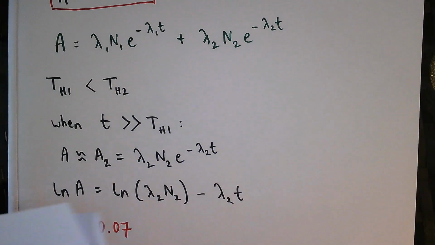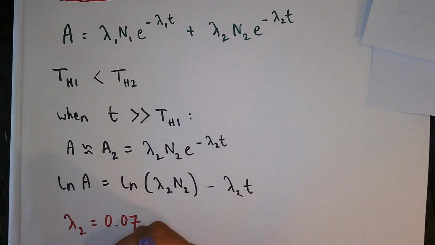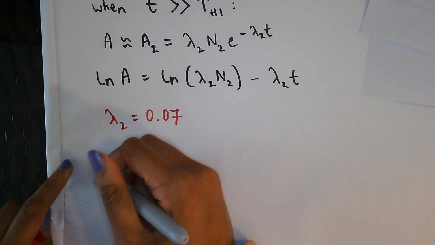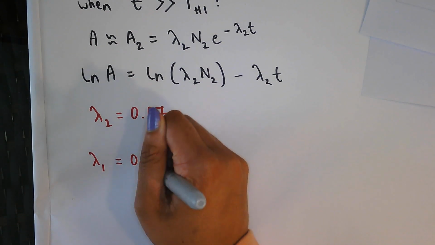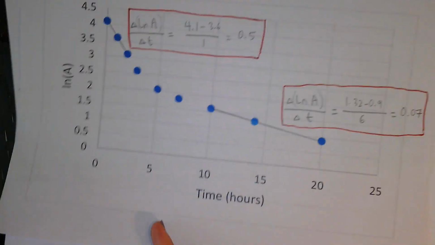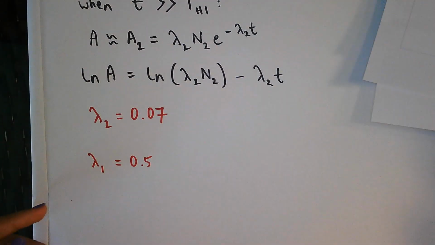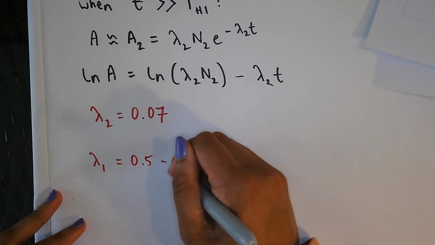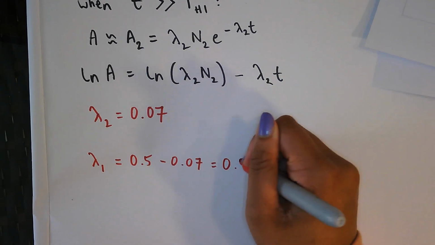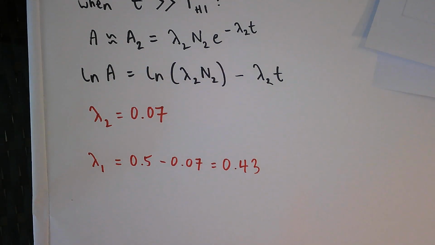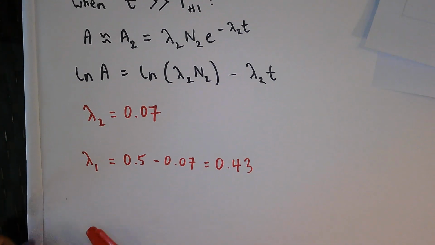So lambda 1 is equal to 0.5, this gradient here, minus this gradient here, 0.07, which equals 0.43. So those are the two decay constants of the two components.